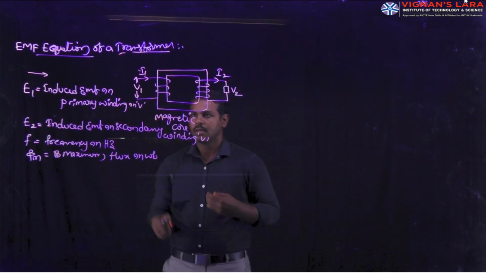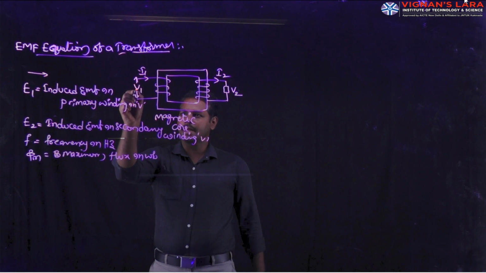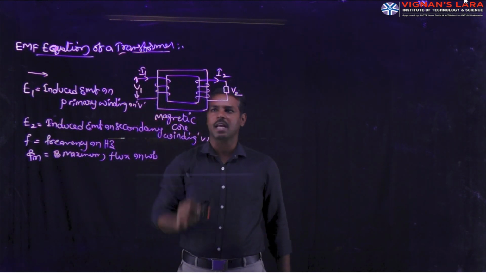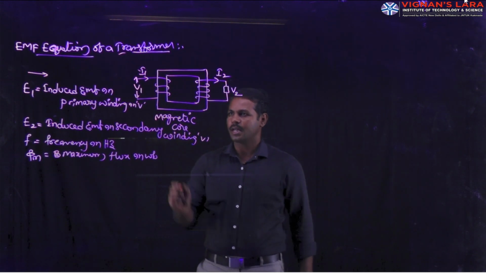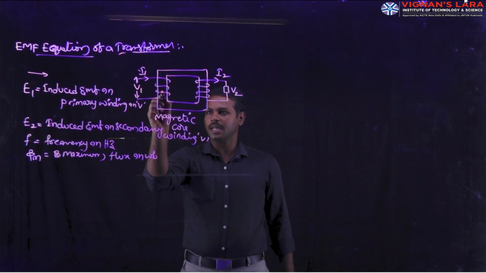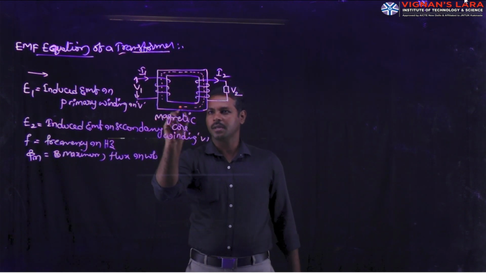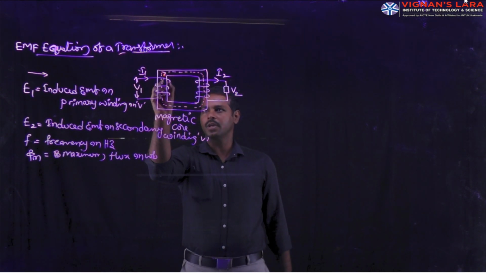Whenever an alternating AC supply is given to the primary of a transformer, it always generates flux in the magnetic core, passing through the magnetic core in this direction.